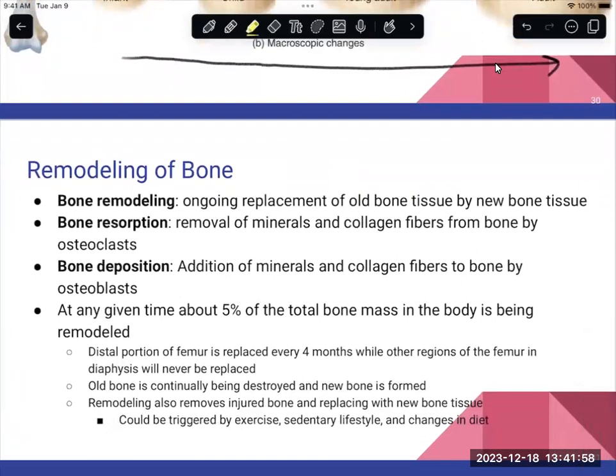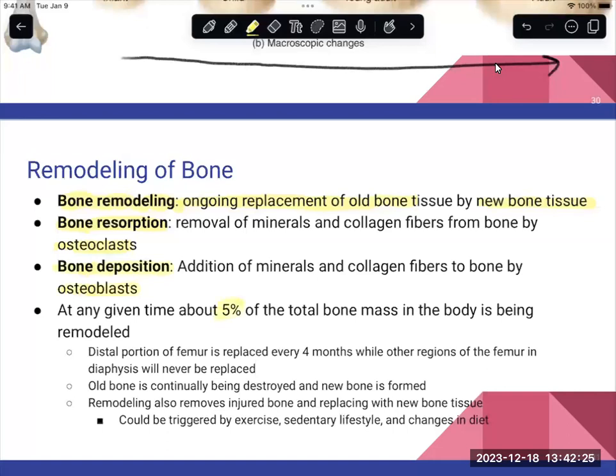Because our bones are remodeling. They're constantly replacing old bone with new bone. So those osteoclasts have to come in and reabsorb or remove collagen, calcium phosphate, and then those osteoblasts are going to come in and lay down new bone.